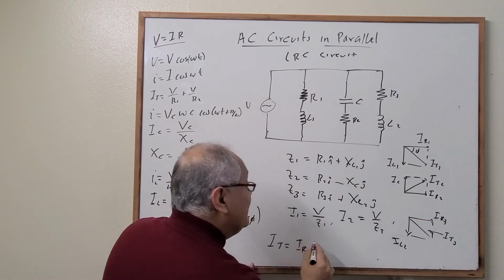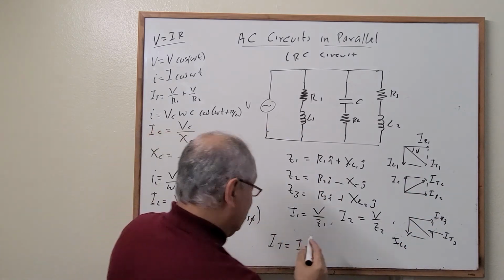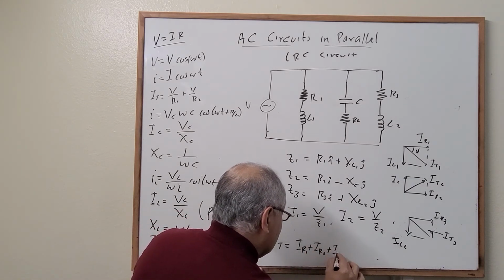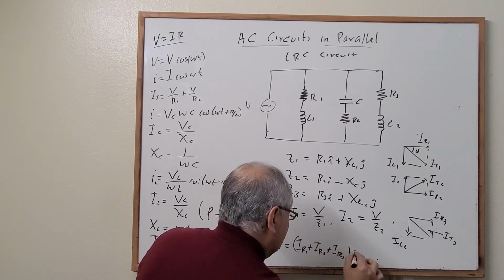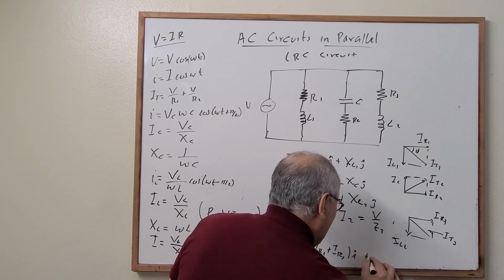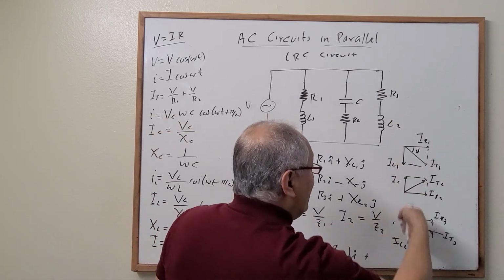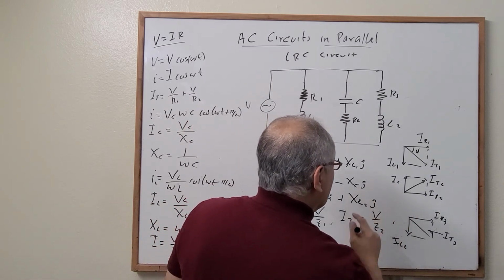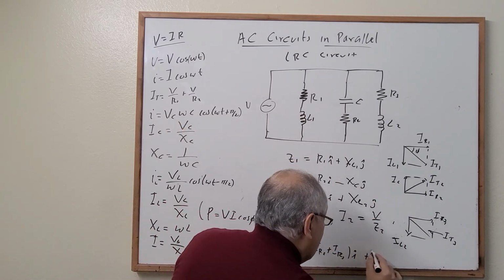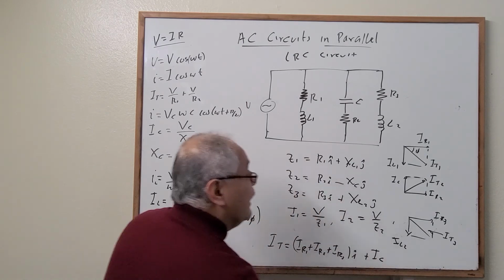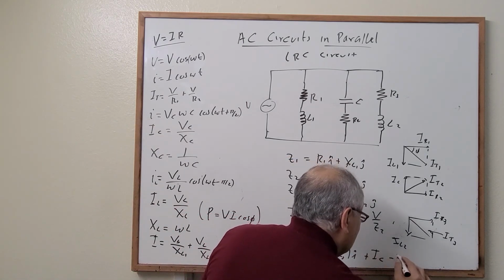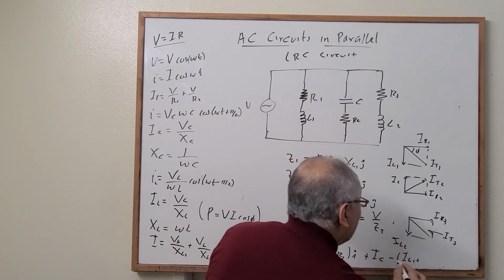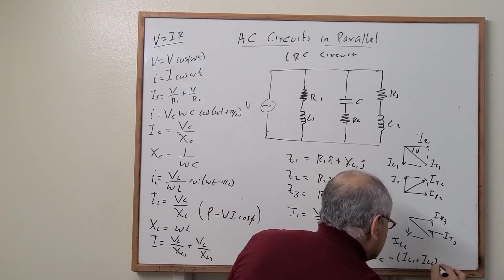So it's going to be, in the i hat direction, current R1 plus current R2 plus current R3, correct, plus, now in the y direction, it's going to be current through the capacitor minus current through the inductor 1 plus current through the inductor 2.